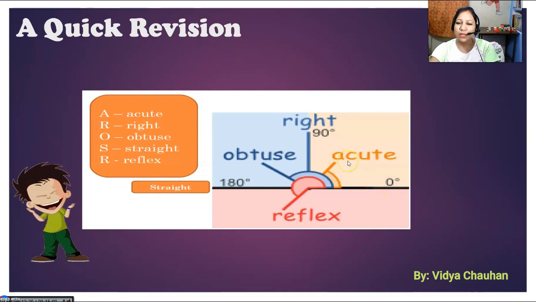The next portion is the acute one, which is less than 90 degrees. When we reach exactly 90 degrees, it is a right angle. When it is more than 90 degrees, the angle is obtuse. When it reaches 180 degrees, it is a straight angle. Moving forward, you get a reflex angle, and when you come back to the initial point after taking the complete round, it is a complete angle.